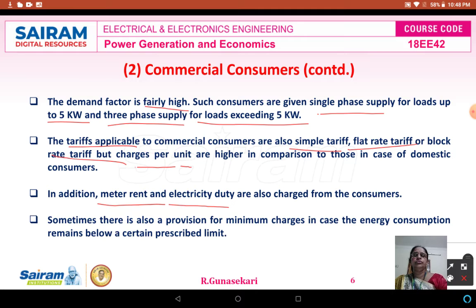Sometimes there is provision for minimum charges in case the energy consumption remains below a certain prescribed limit. That means we give some provisions, that is the minimum charges, for the commercial consumers.